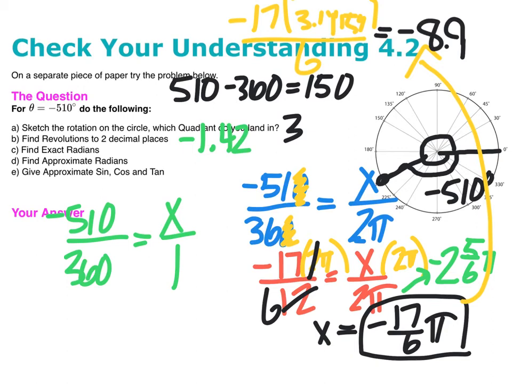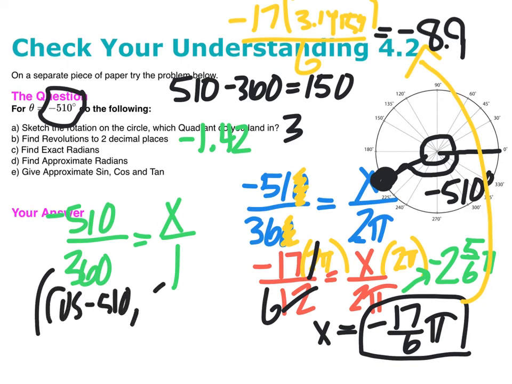The last part is give the approximate sine, cosine, and tangent value. To do this, what you want to do is actually look at your unit circle and see what we came up with. Remember to find the values for this ordered pair right here. All we need to do is I'm going to use our degree movement of negative 510. That ordered pair is actually going to happen at the cosine of negative 510 and the sine of negative 510.